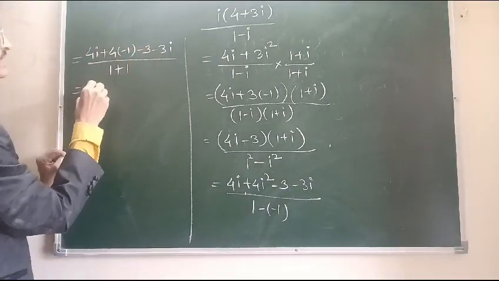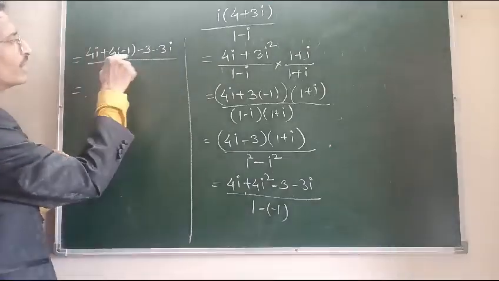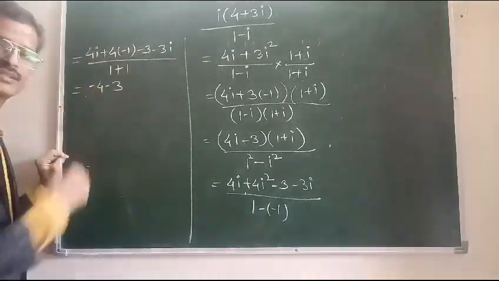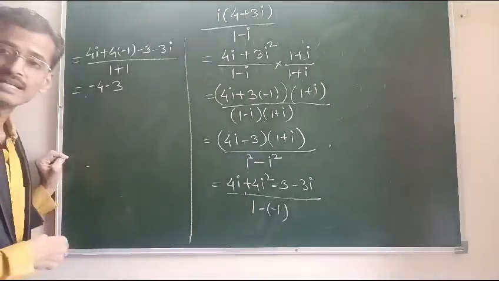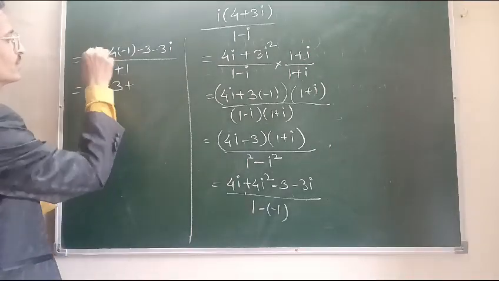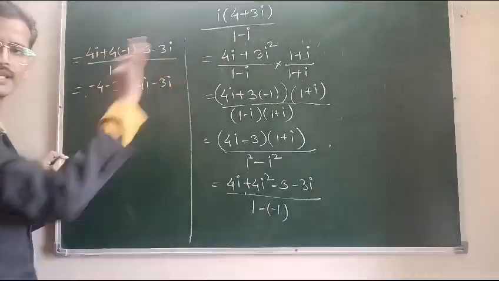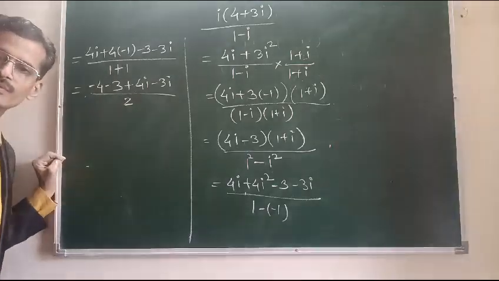Now simplify this. Write the part without i together first. So 4 into minus 1 is minus 4, and this is minus 3, which is our real part without i. Now write the i part together. So 4i minus this 3i, upon 1 plus 1 is 2.